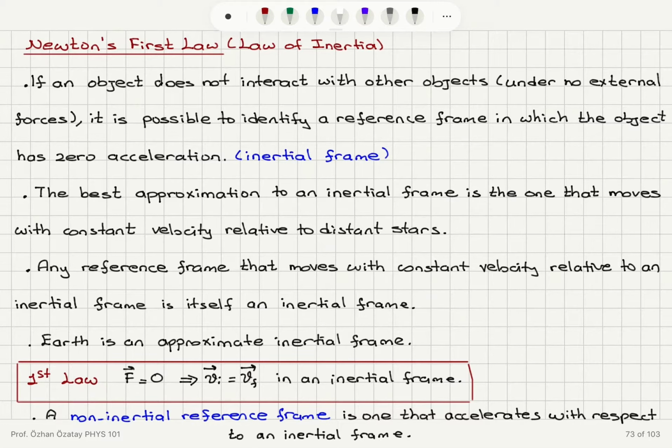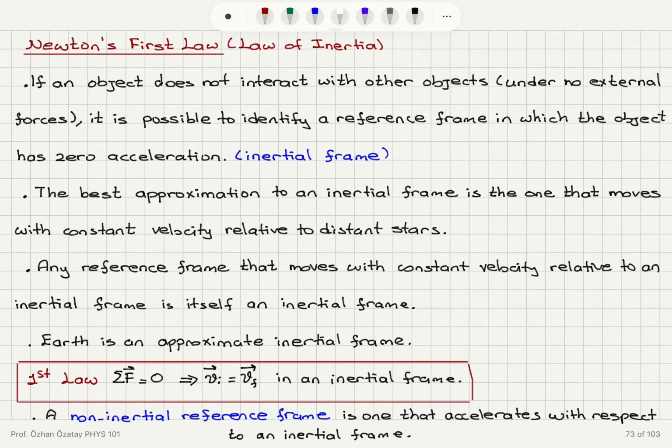Now, we can mathematically state the first law by saying the total net force acting on an object is zero. Then we have the initial velocity of the object equal to the final velocity as viewed from an inertial reference frame. So maybe it's better to put a net force of 0 on the object, then we can say that the velocity of the object is not going to change as measured from an inertial reference frame.